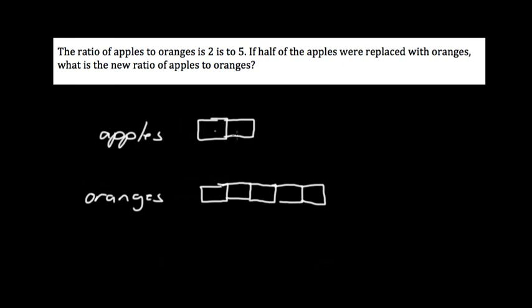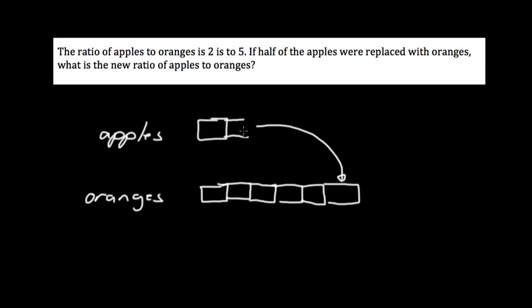If half of this were replaced with oranges, meaning what we have to do is erase half of this and move it here. Okay, so what's half of 2 boxes? The answer is 1. So what we need to do is to move this from here to here.